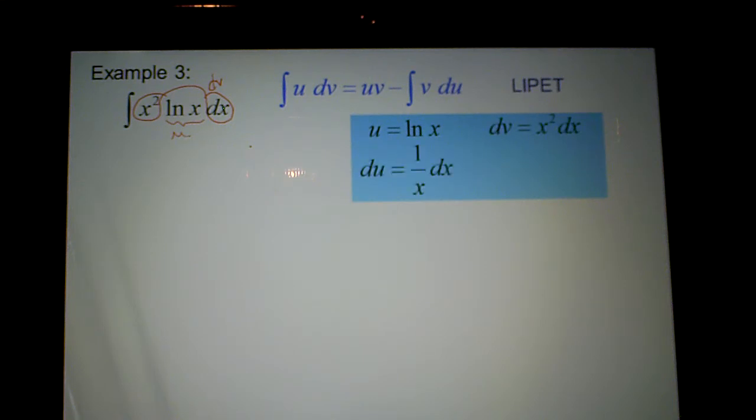Take the derivative of ln x, I get 1 over x, anti-differentiate x squared and get x cubed over 3. Remember, this is u dv, which by proof is equal to uv minus the integral of v du.